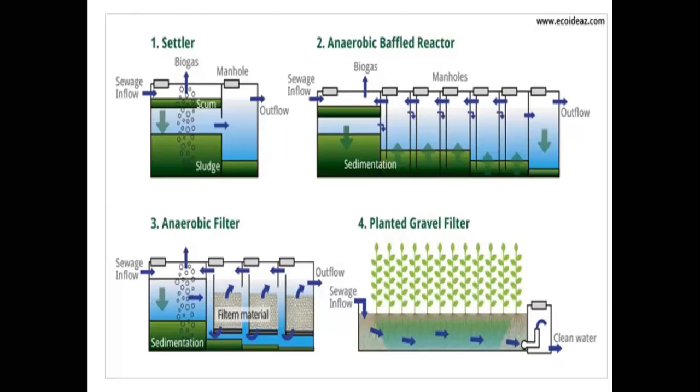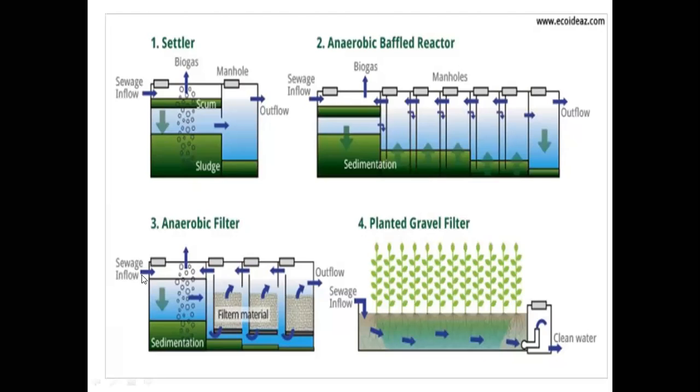Then the treated effluent is transported towards the anaerobic filter. Sometimes I'm going to explain the anaerobic filter, upflow anaerobic filter, UASB. That is the last point of this chapter, where you will understand how this upflow anaerobic reactor works.